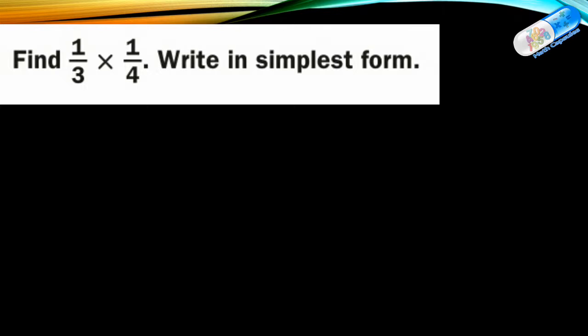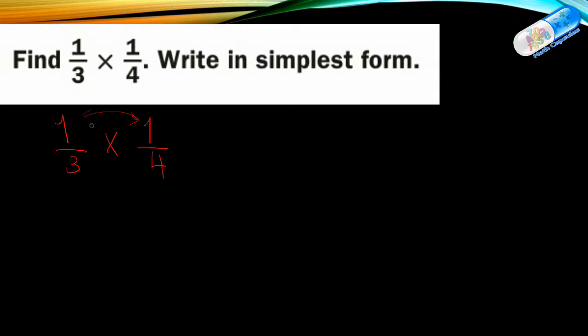Another example. Find 1 over 3 times 1 over 4 and write in simplest form. So we want to multiply 1/3 times 1/4, and write it in simplest form. Here you have two fractions. As you see, there is no whole number. Both of them are fractions.